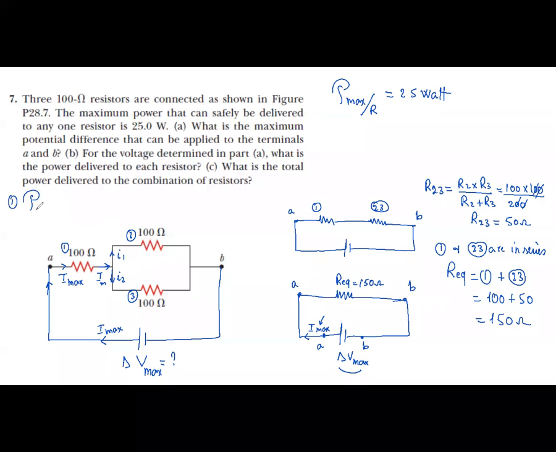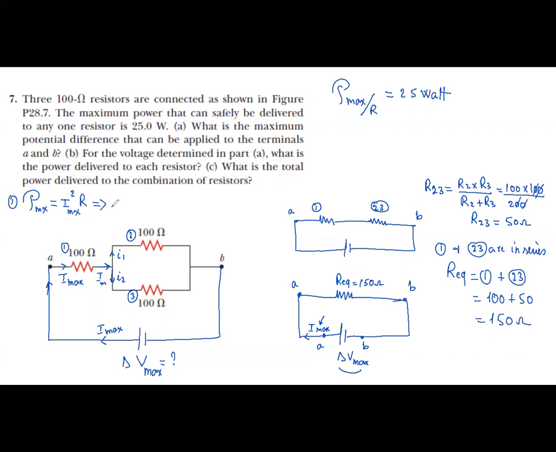P max for one resistor equals I squared times R. If we have P max, here we have I max.